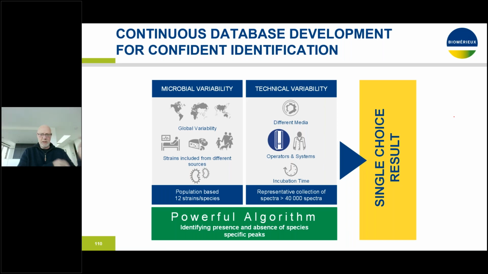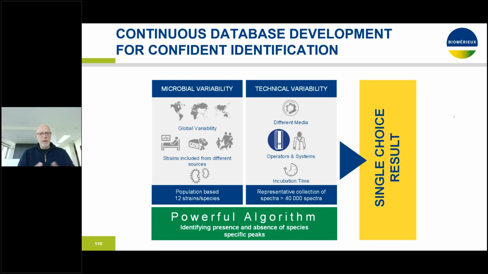We've briefly discussed the technology, which is there and which is, like I said, mature and very well established. The databases are the other aspect of clinical diagnostics that are extremely important. One has to take care that all the variants of a certain species are well enough represented in order to be recognized as being part of the species.